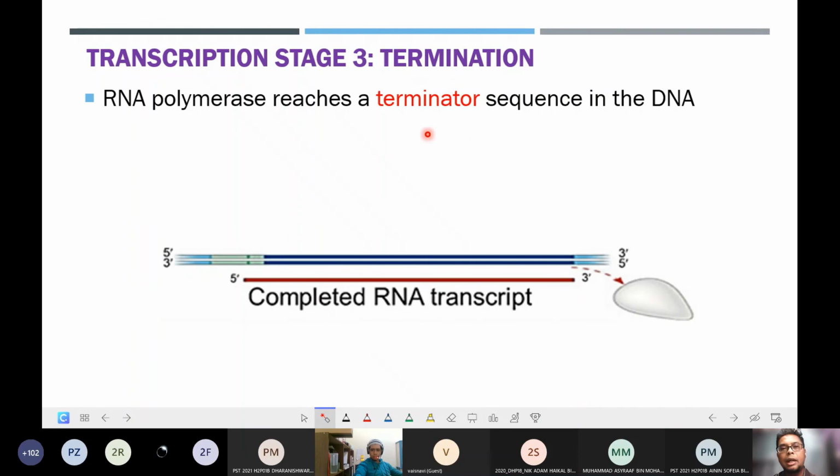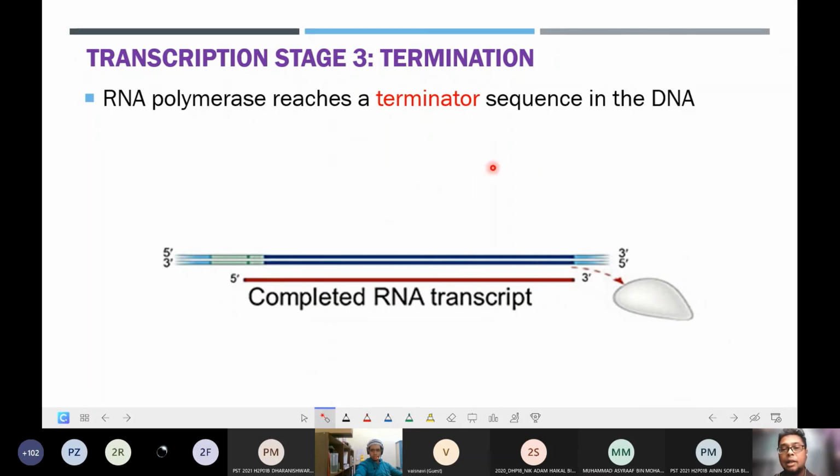This will be continued with stage number 3, the termination, which happens once the RNA polymerase reaches a special sequence on the template that is known as the terminator site.